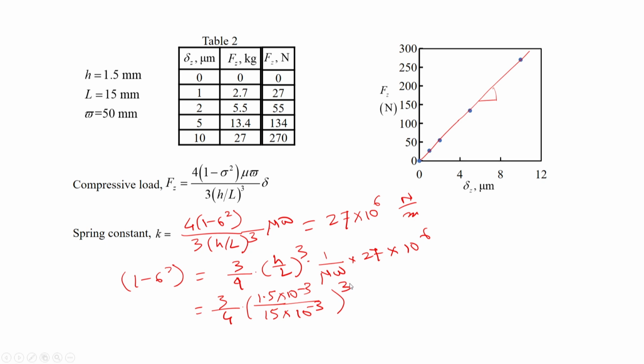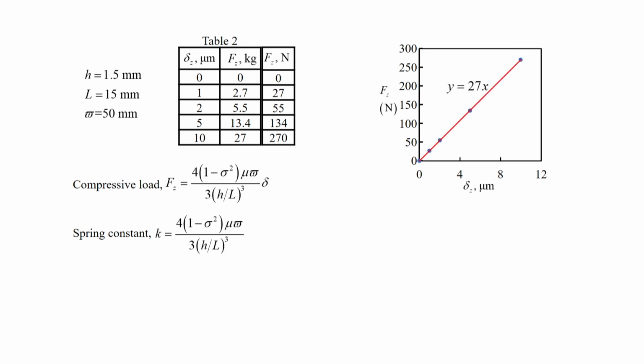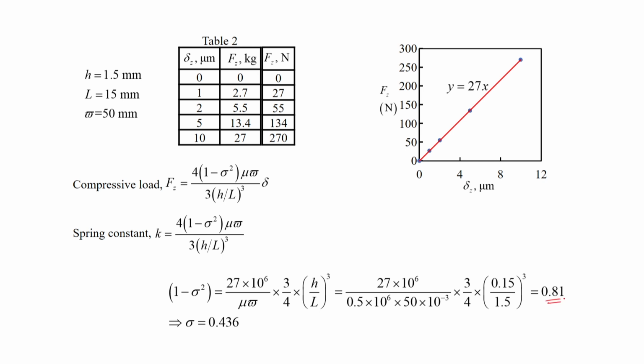I will always use SI units: 1 by 0.5 megapascal, 0.5 into 10 to the power 6, into W is 50 millimeter, 50 into 10 to the power minus 3, and in the numerator 27 into 10 to the power 6. Now use your calculator to obtain the value. I have done that, and this comes out to be 0.81, and from there sigma, the Poisson ratio, comes out to be 0.436.